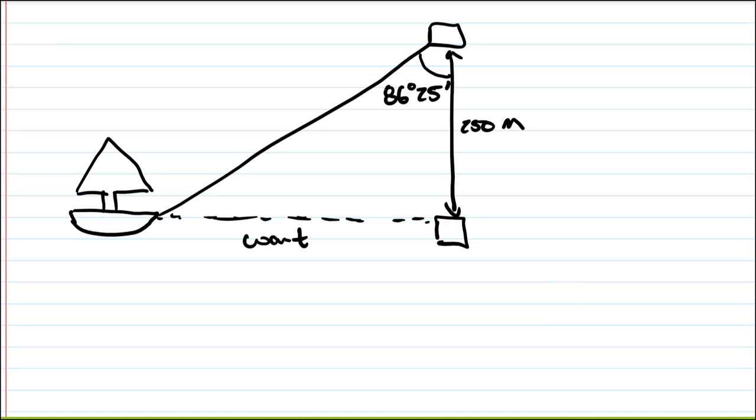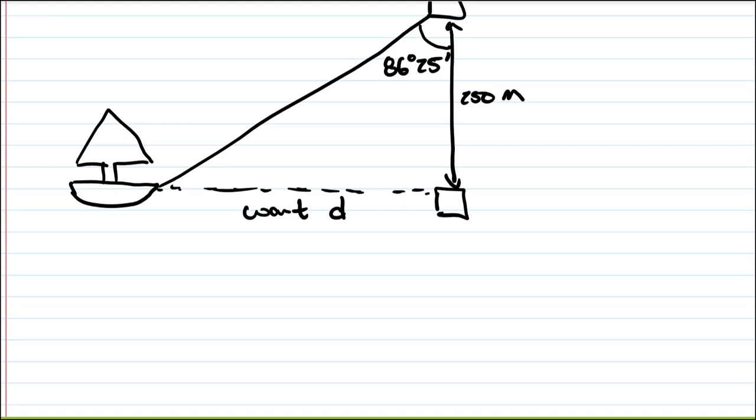So based on our diagram, which trigonometric function is going to tell us about our distance that we want right here? Let's call it d. Well, we have our angles here, so that's opposite, and we know adjacent, so that's once again going to be tangent.